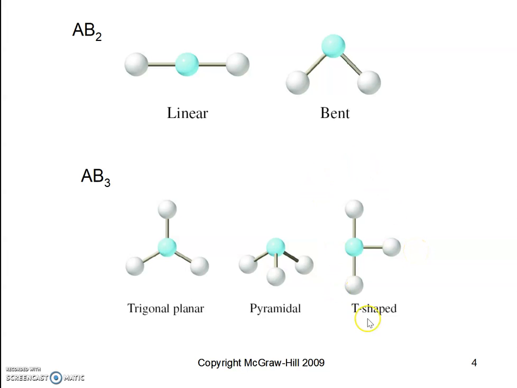I'm not too concerned with you knowing this guy, as it doesn't play that much of a role for our purposes, but for these two, what's the difference? Their arrangement. And so what do you think it's going to come down to? Lone pairs of electrons, or what we call non-bonding pairs of electrons.